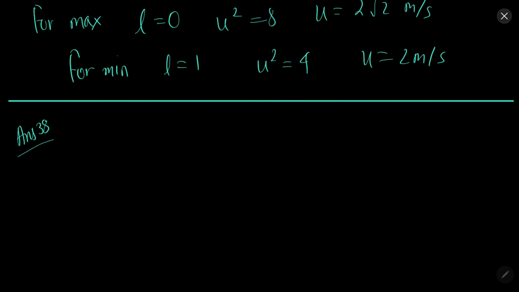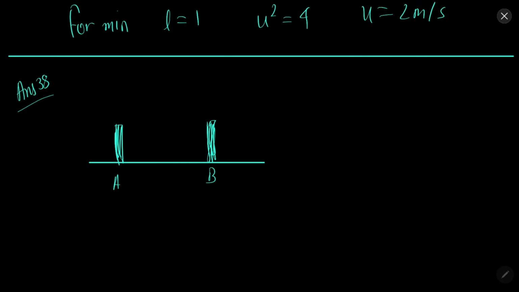This is solution 38. So the scenario is this is A, this is B. The distance is D. Now what is happening is that A and B are two friends and they are D distance apart.